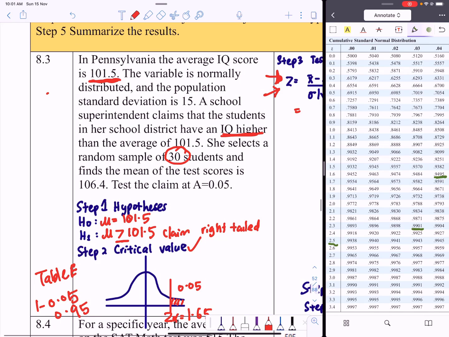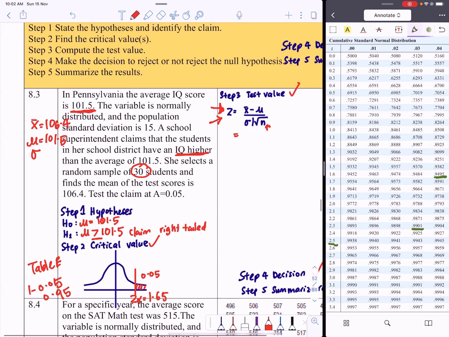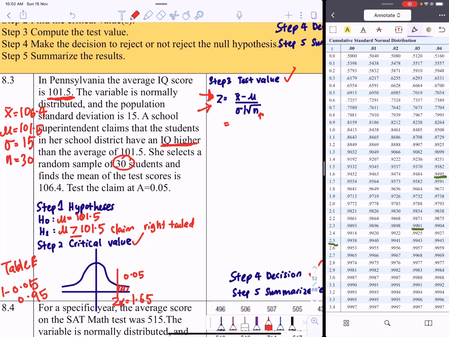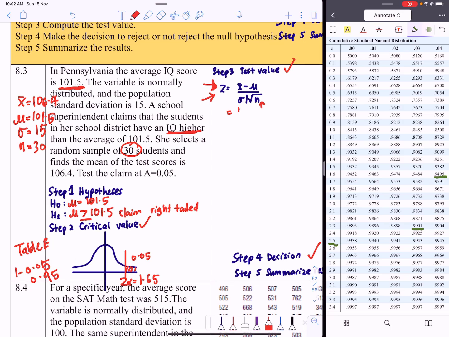Okay. What is the value for the mean? The new mean is 106.4. The population mean is 101.5. The standard deviation is 15. We need to extract all the information so that we can easily insert it into the formula. Okay, 106.4 minus 101.5, divided by 15 over the square root of 30.